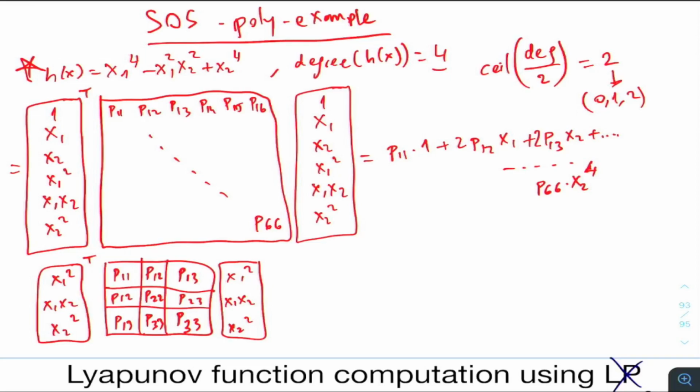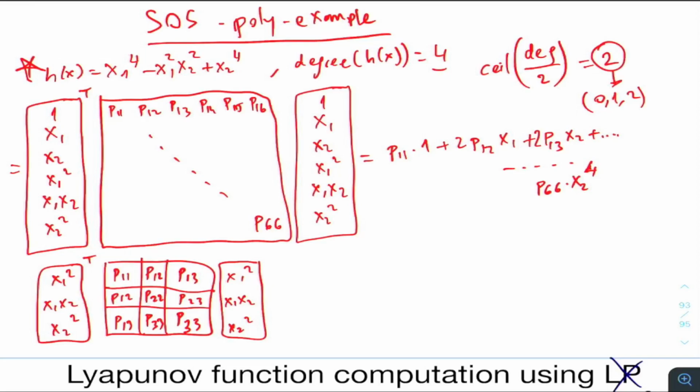For example, if you had 5 as the degree, you would use the basis functions, right? 5 over 2, 2.5, and round it up to 3. Means you would need 0, 1, 2, 3 of the x terms, right? Or x1 and x2 terms, or x1, x2, and x3 terms, right? Depends on your indeterminates, right? And okay, we just calculated and it is 2. So we are going to employ 0, 1, and 2.